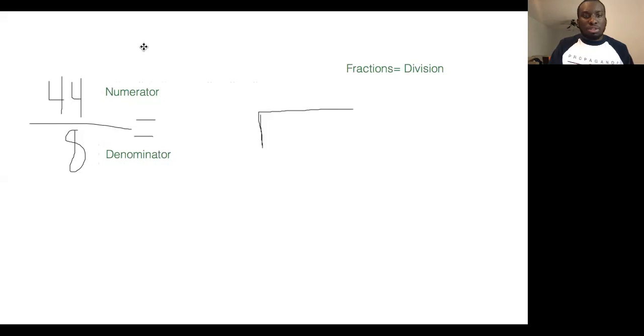I'm going to make this box a little smaller so it's not taking up too much space. There we go. I'm also going to erase this division house for just a second. So I just labeled the parts of my improper fraction. My numerator is on the top, my denominator is on the bottom.